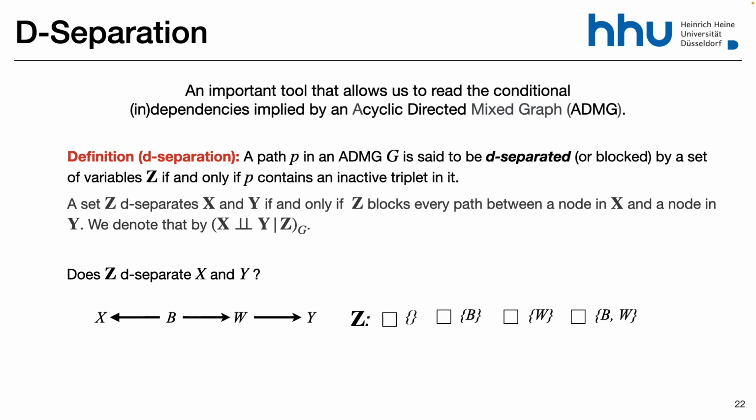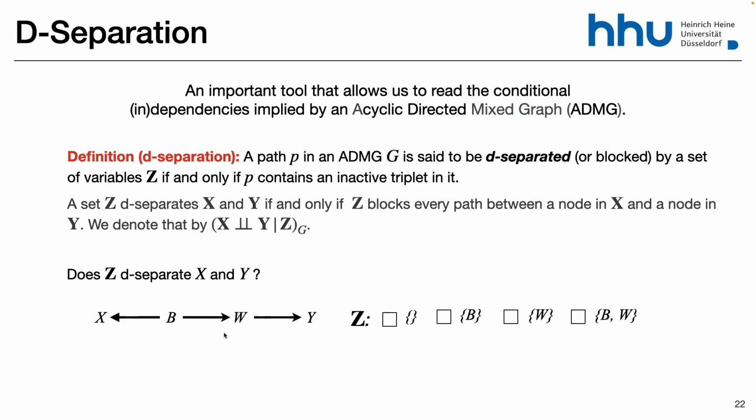The second triplet is B, W, and Y. It's the same case. It's a non-collider, and W is not part of the set that I'm observing. So B is transferring information to Y freely. So this triplet is also active.